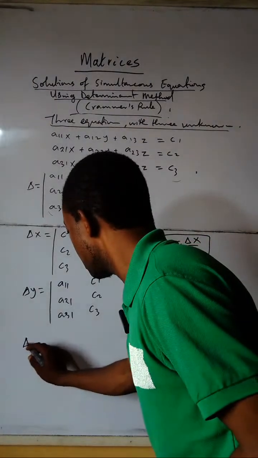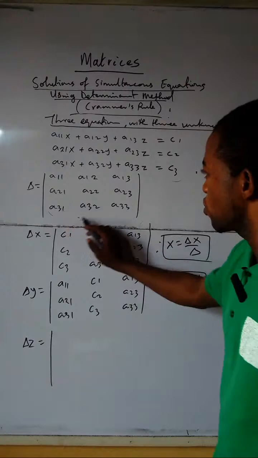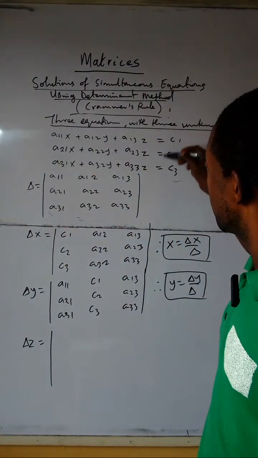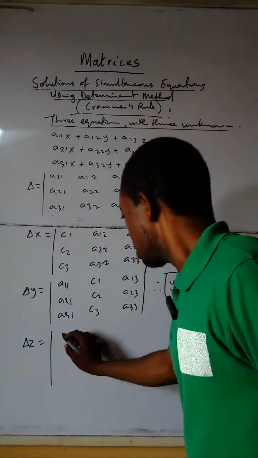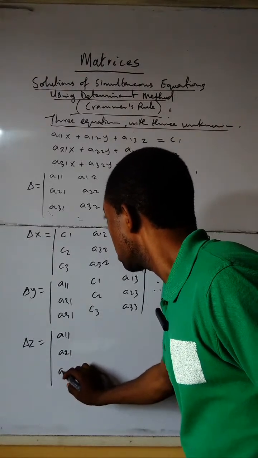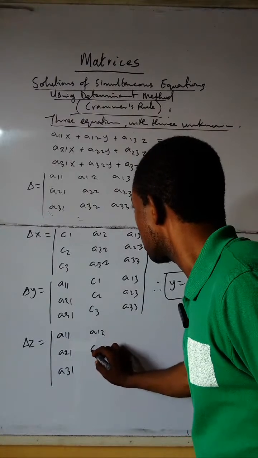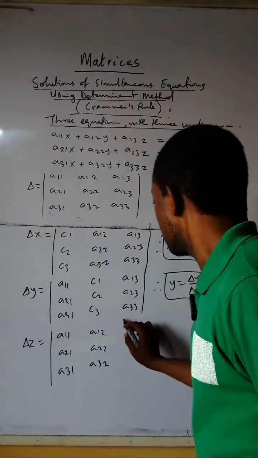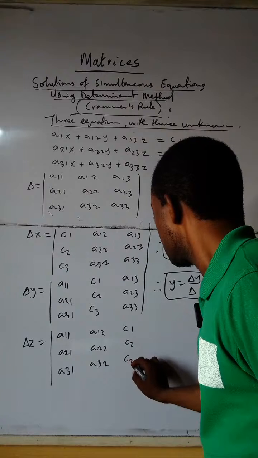In the same way for delta z, here we maintain the first two columns, and the third column, which is the column for z, will be replaced with the constants on the right hand side. That is, here we have a11, a21, a31, then we have a12, a22, a32, then the third column replaced with c1, c2, c3.